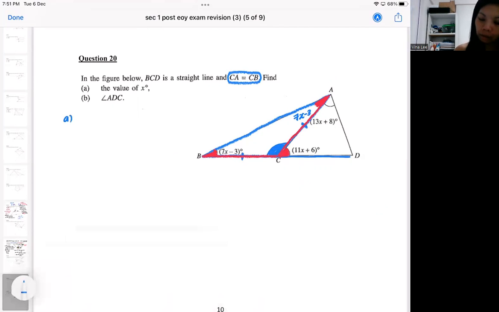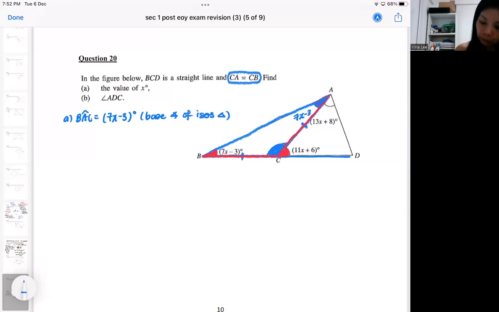So you've got to explain why this angle is 7x minus 3. So BAC has the same algebra, 7x minus 3, because it's the base angle of isosceles triangle.